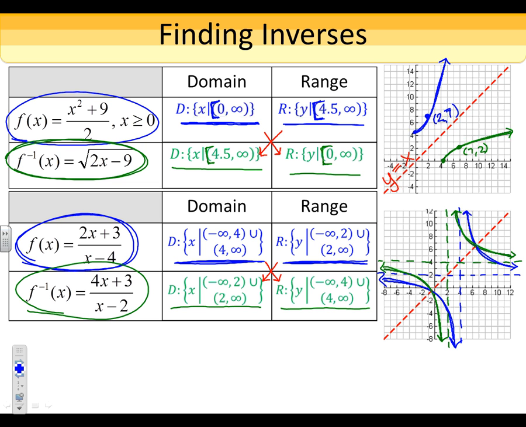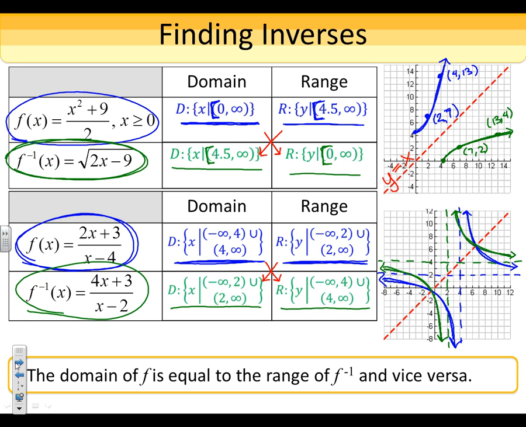Here it looks like 4, 13 on the original graph, so 13, 4 should be on my inverse. So all of the x values of the original become all of the y values of the inverse. All the y values of the original become the x values of the inverse. So the domain of f is equal to the range of f inverse and vice versa.